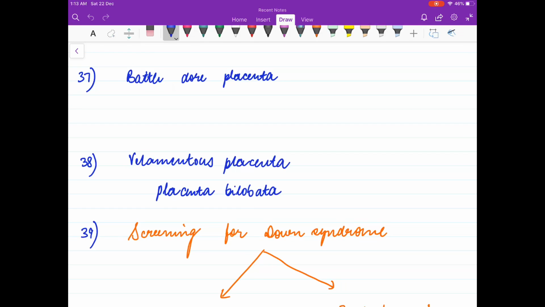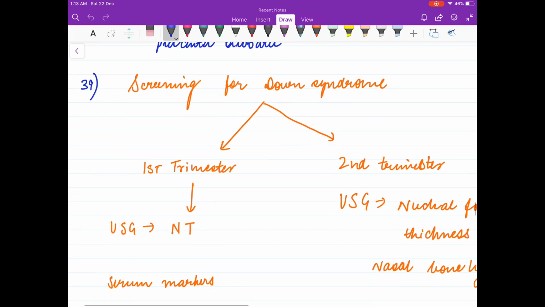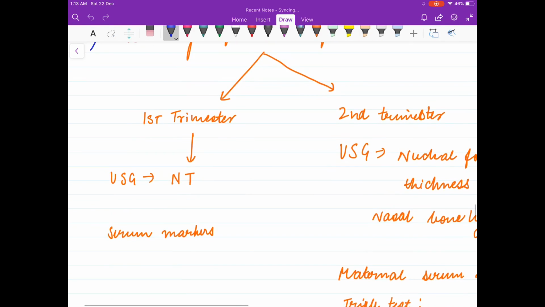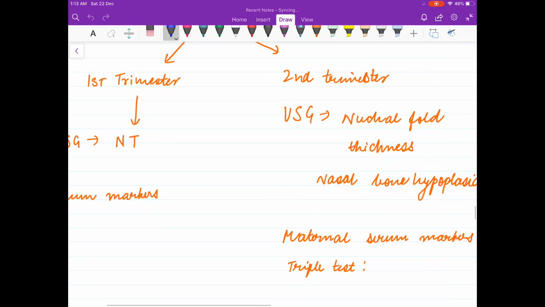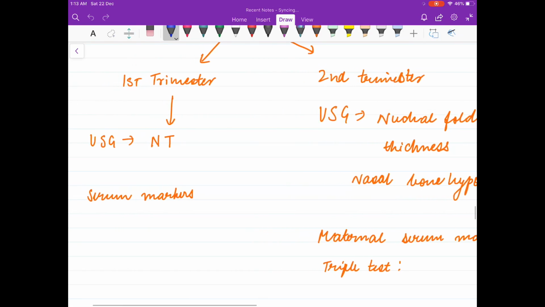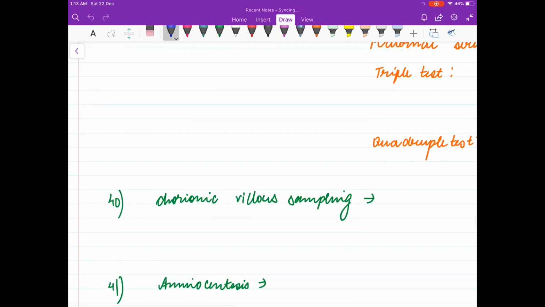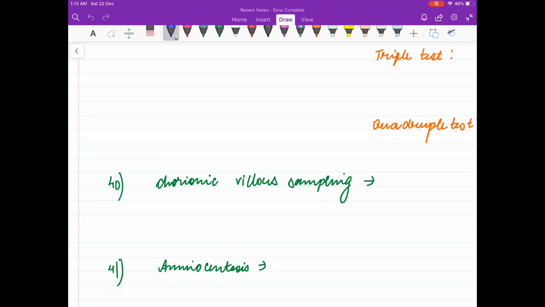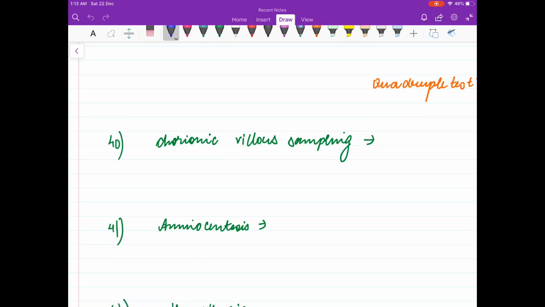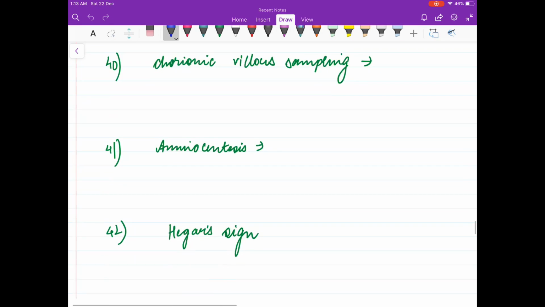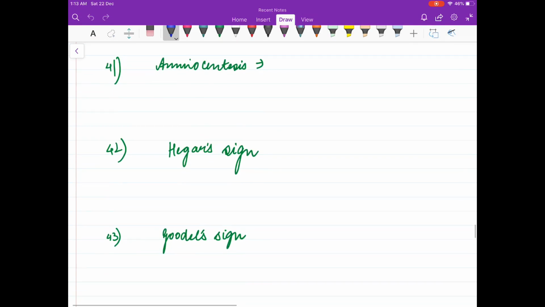Placenta bilobata is? Screening for Down syndrome, what are the tests that we use in first trimester? What are the tests that we use in second trimester? Chorionic villus sampling is done at what time? Amniocentesis is done at what time?